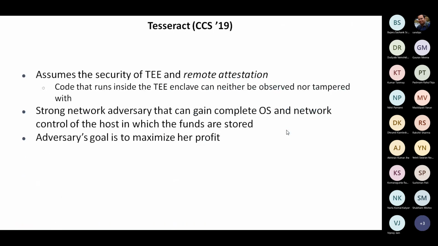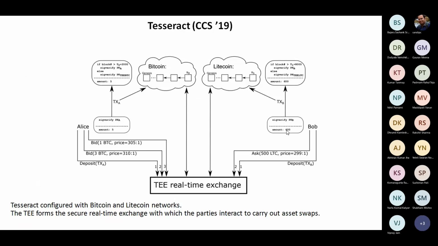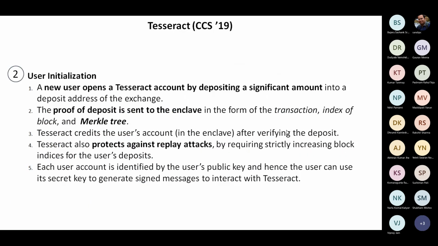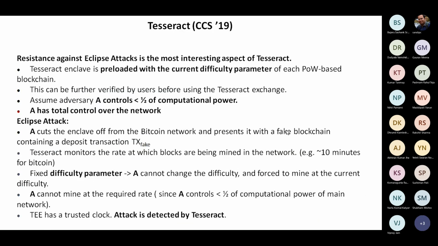So if that happens, because this is in the trusted environment, after these 2 weeks, if the exchange even attempts to shut down, Alice will be able to get back that money, because that transaction was created with this sig verify of PKA or PKB, where beyond that 2 week time frame, Alice can get back the money. So those are the steps taken so that even if the exchange shuts down, the respective users will not lose their money, which was one of the major concerns of the centralized exchanges.